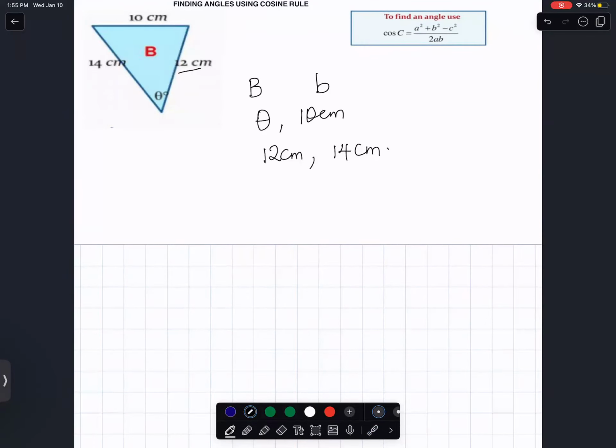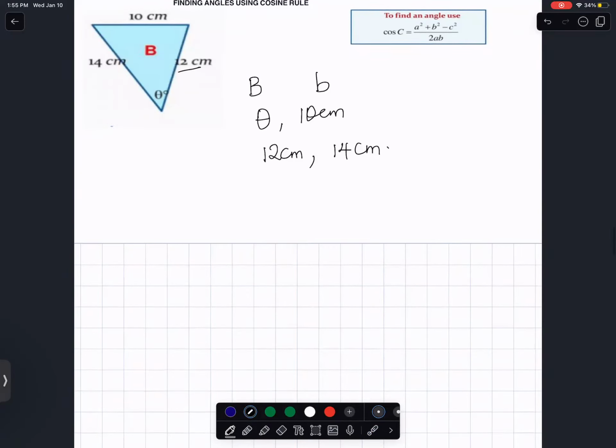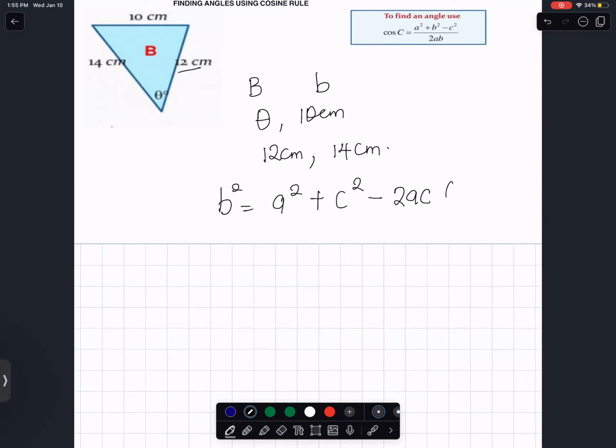Or you can go back to the one you already know and substitute. So if you're using your b squared, your b squared is equal to a squared plus c squared minus 2ac cos b.